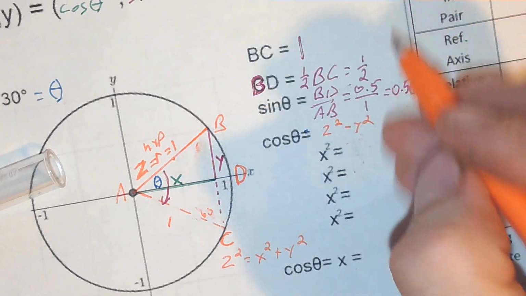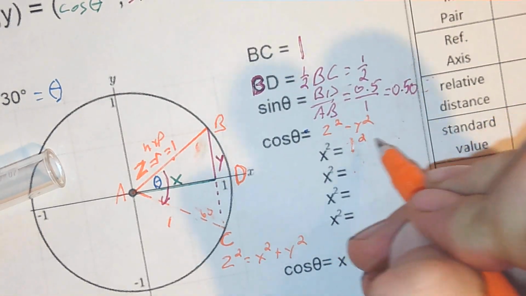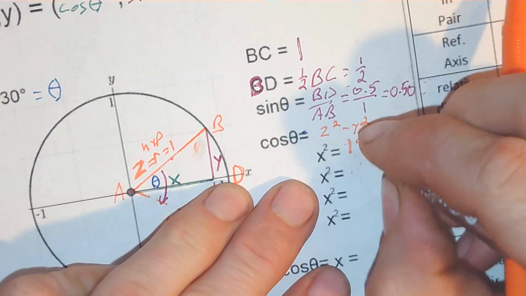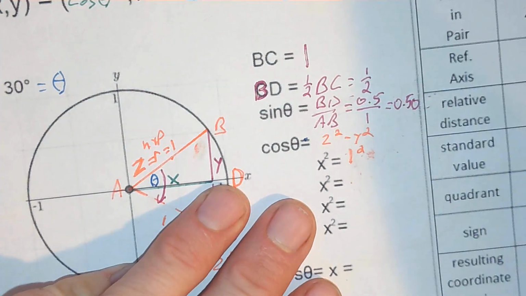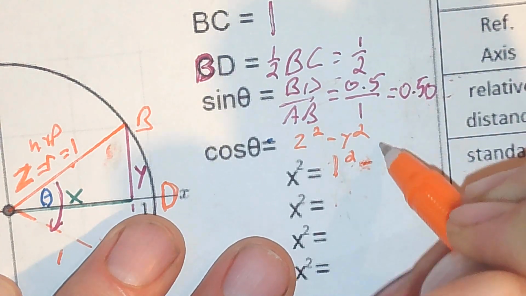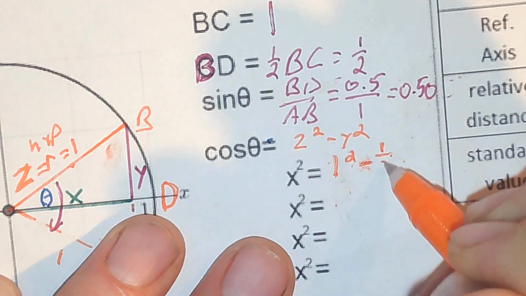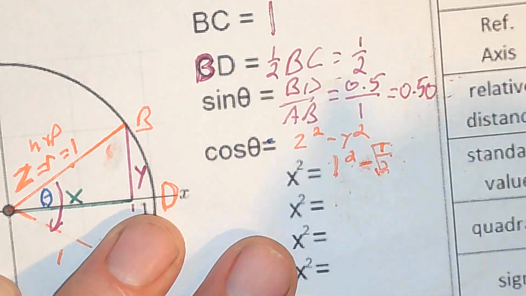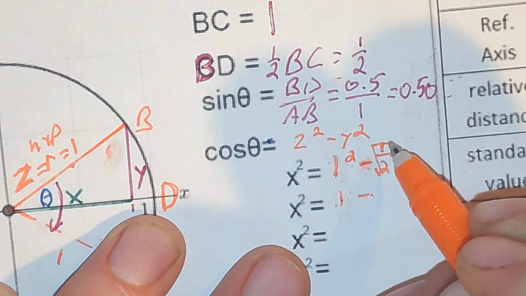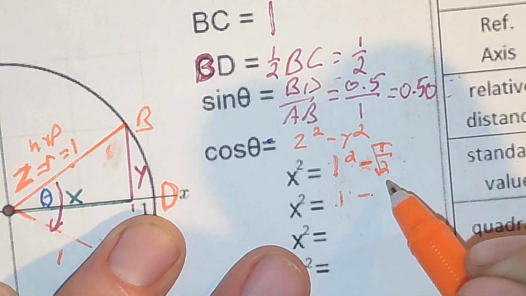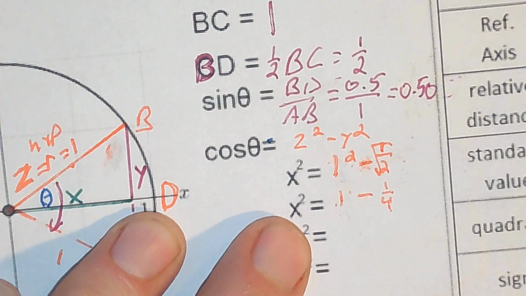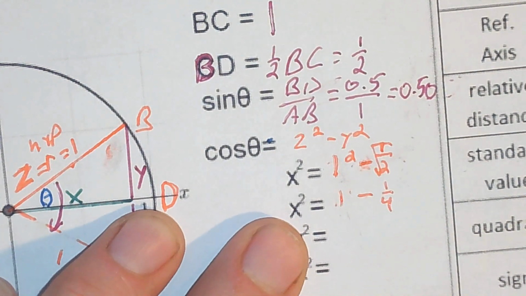So this is going to be 1 squared minus 1 divided by 2 squared. When you have a fraction squared, you square both the top and the bottom, minus 1/4. But you still have the square root on both sides squared.